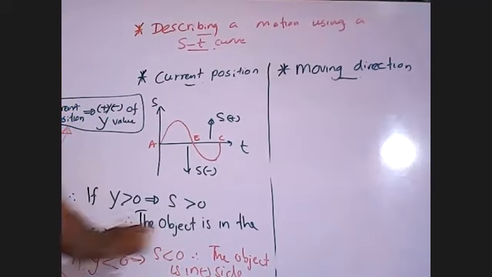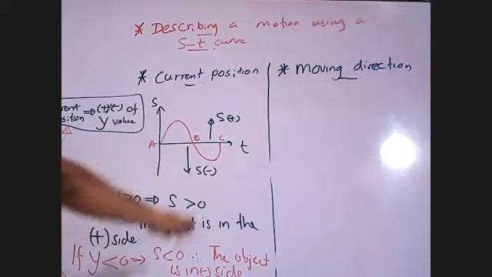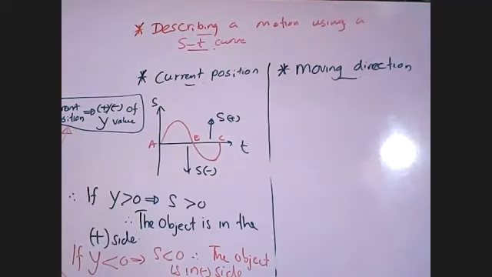Therefore, the object is on the positive side. That is the first argument. Then if Y is negative, that means S is negative, so the object is on the negative side. So the current position is decided by the positive or negativeness of the Y value.